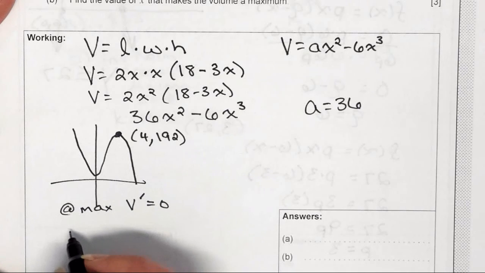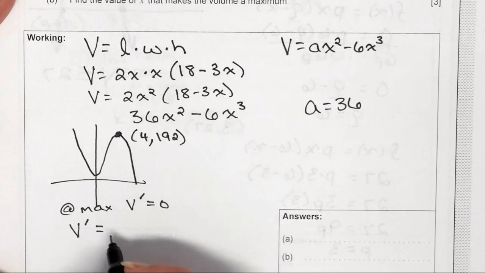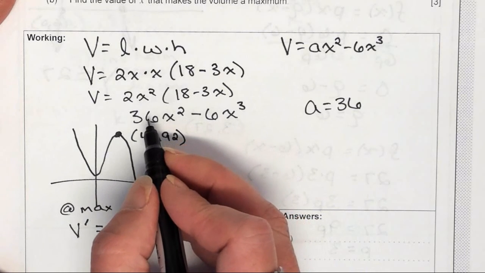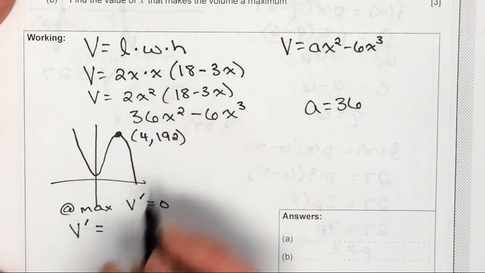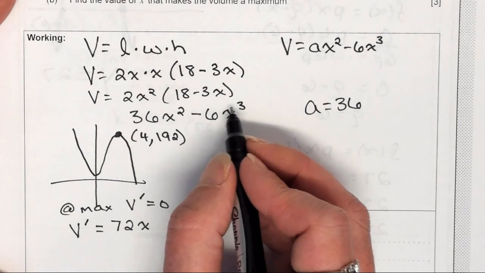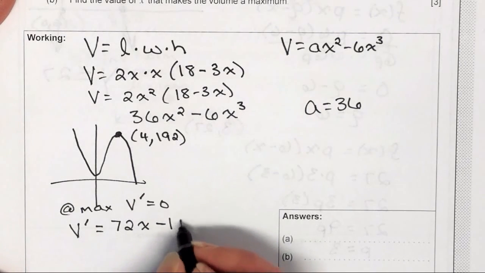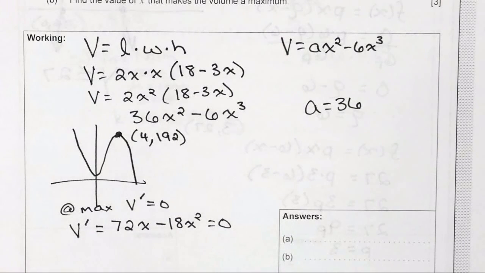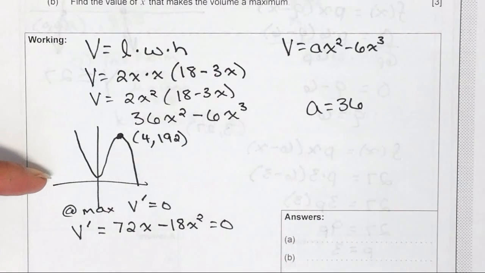How do you find the derivative? The exponent goes down, 72x minus 18x squared. We want to find when that equals 0. This is faster. Wait, how do you do that?